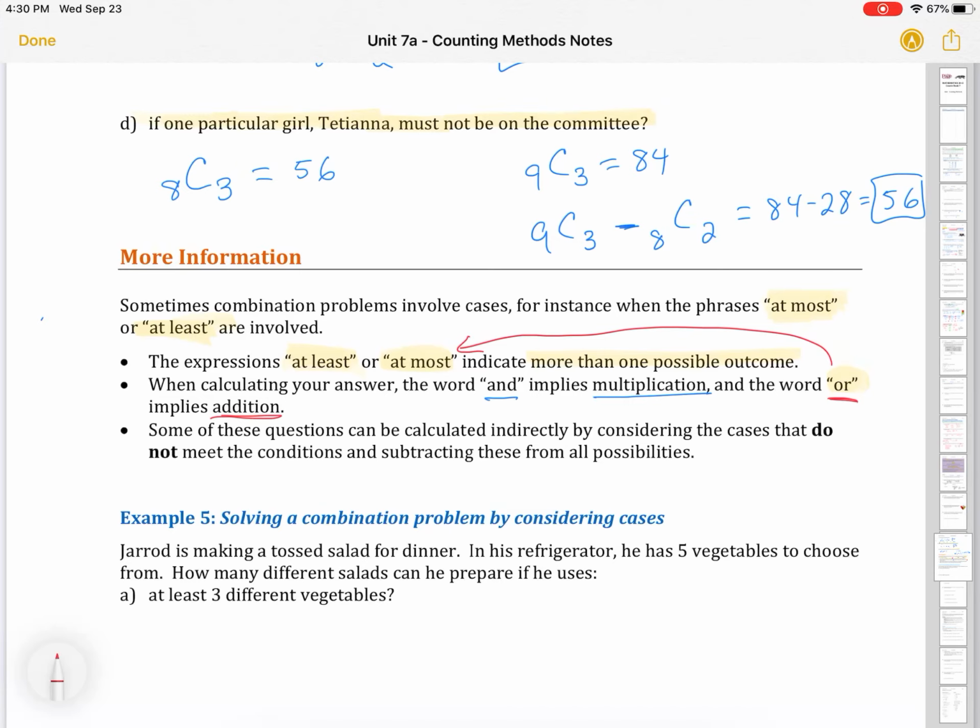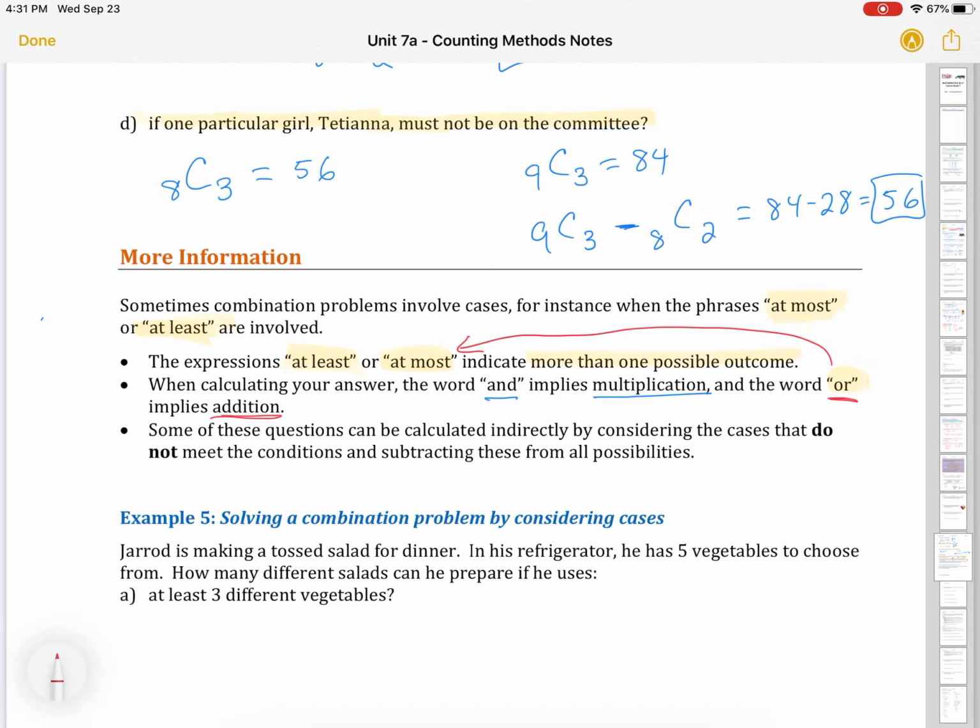If we're using terms like at least and at most, that means we're going to have different possibilities, and we're going to be adding. Okay? So generally speaking, if you have at least and at most, you're going to be adding the different cases together. It's good to think through them and really think about which applies.